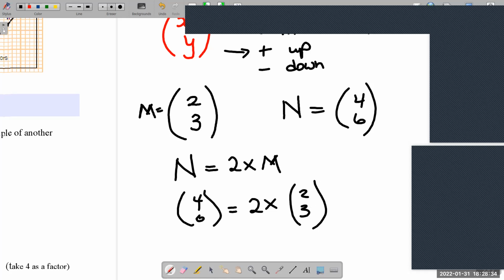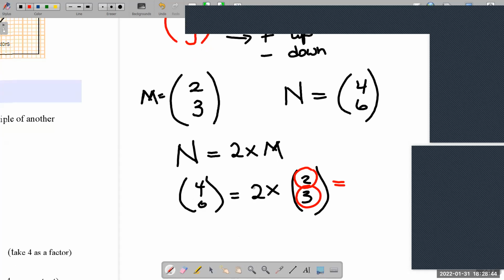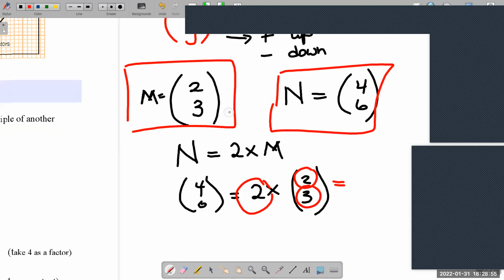So if I take 2 and multiply it by the two numbers, both X and Y, we end up with (4, 6). Guess what? Anytime two vectors are connected by a number like this, they are parallel. So once one vector is a multiple of another vector, they are parallel. Everybody see that? Look at how I just taught y'all that so quick.